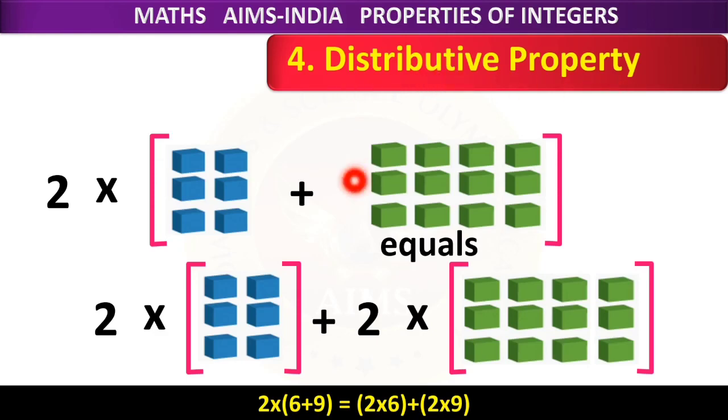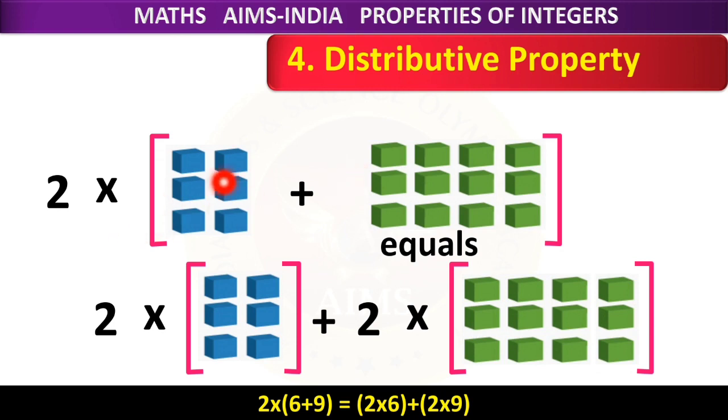What do we mean by distribute? We mean to distribute it. When you have two chocolates with you and I ask you to distribute them among two children, what will you do? You will give one chocolate to one child and the other chocolate to the other child, right? Distributing the chocolates between two.